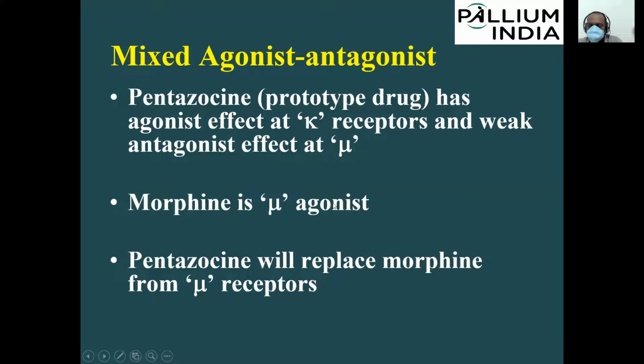Now morphine is out from the mu receptor, and the pain relief is now due to kappa receptors, which will not give much pain relief, and actually the pain can worsen. So if you give a mixed agonist antagonist like buprenorphine or pentazocine to a patient who is already on strong opioids like morphine, there is a chance that there will be more pain. So just understand this. Don't give agonist and agonist to a patient who is already on a mu agonist.